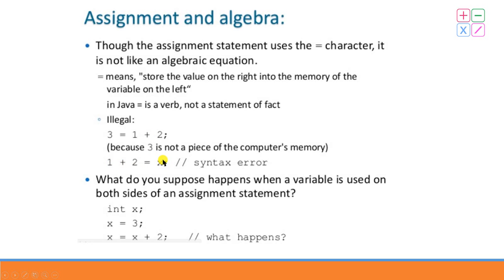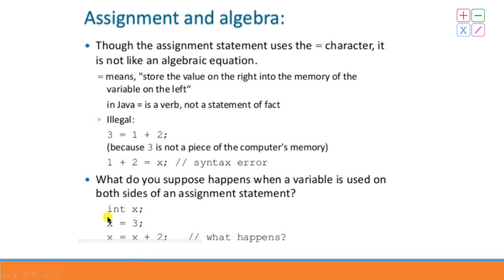That is also illegal. So the right way to do it is to put a right-hand side value that can be a number or a certain variable or a certain expression including the variable and the number, and then assign their value back to a left-hand side variable, and that value will be stored into the memory location of that variable.